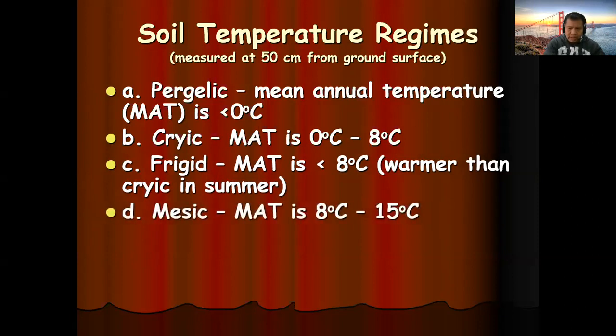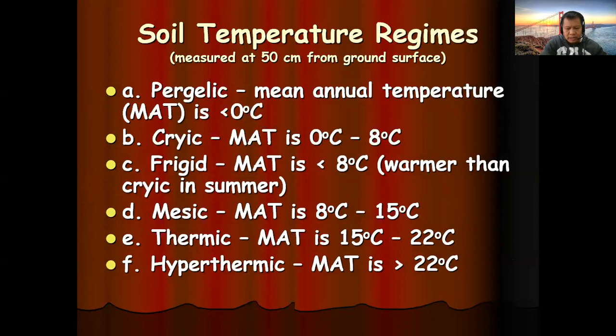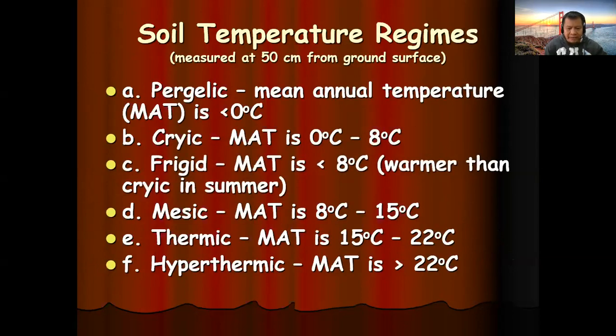Next is the temperature of the control section of soils if the mean annual temperature is 8 degrees Celsius and up to 15 degrees Celsius. And another is thermic, where the mean annual temperature is within 15 degrees Celsius up to 22 degrees Celsius. And the last one is hyperthermic.